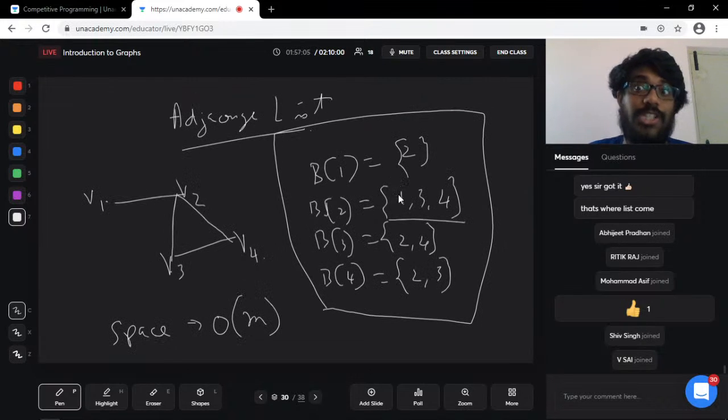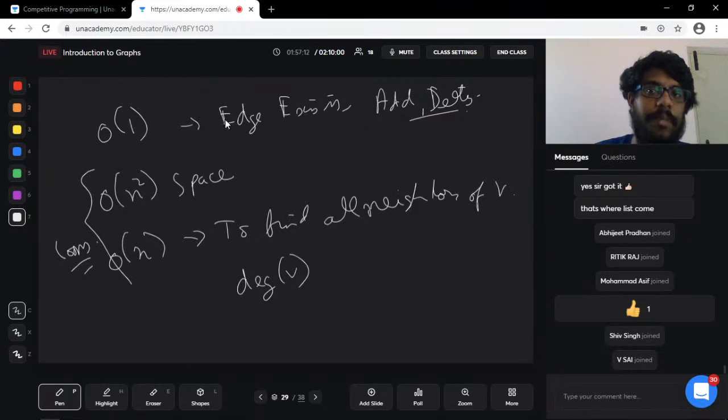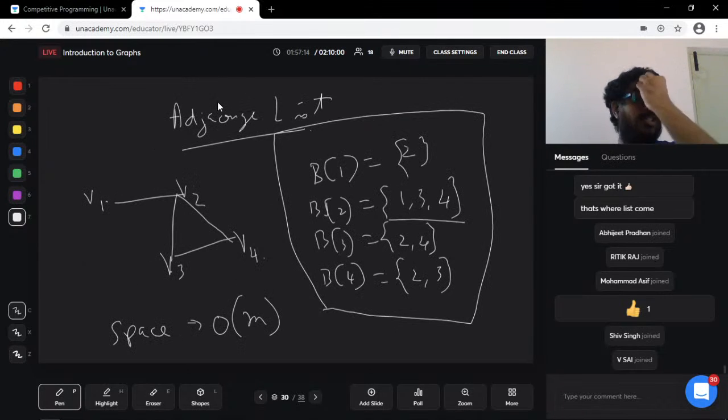But of course, this also comes with its own disadvantage, right? In particular, in an adjacency matrix, if I wanted to find whether there's an edge between u and v, I could do it in constant time. I just look at A of uv. If it's a 1, there's an edge, otherwise it's not an edge. But here it's not so simple.